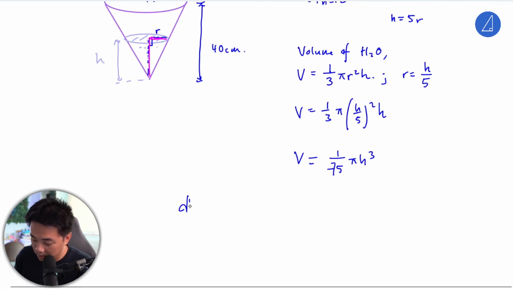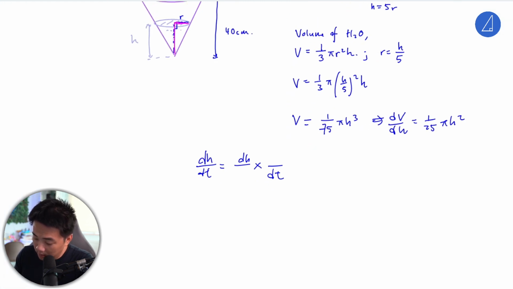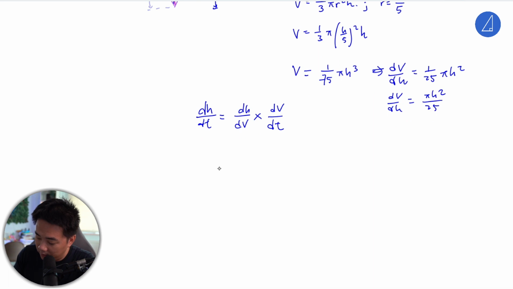So dH/dt is actually dH/dV times dV/dt. We know that dV/dH will be 3/75, that will be 1/25 pi h square. So this is pi h square over 25. If you want dH/dV, I'll just take the reciprocal of it, which is 25 over pi h square.